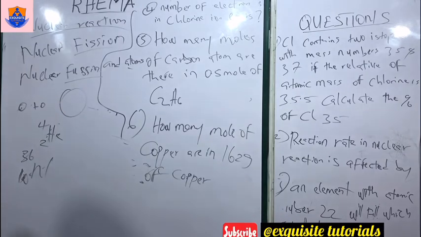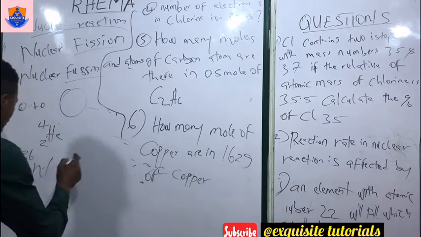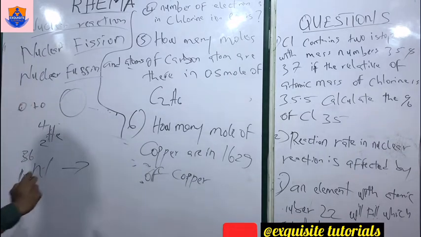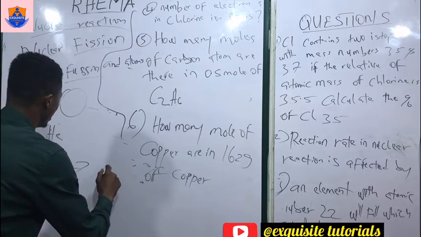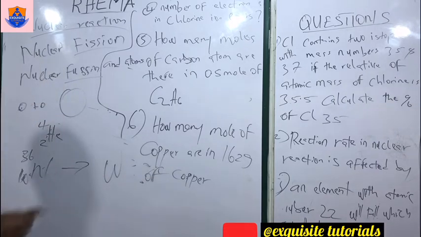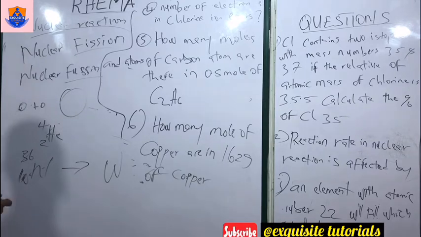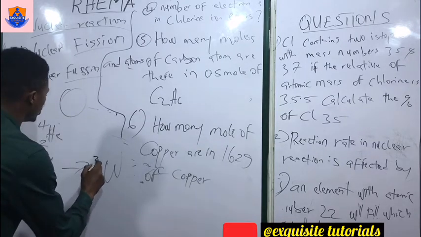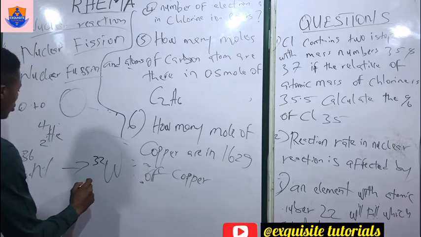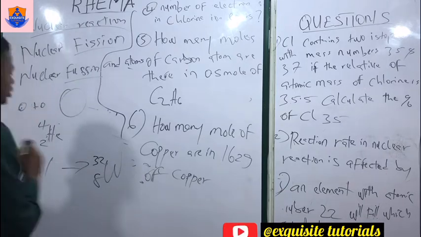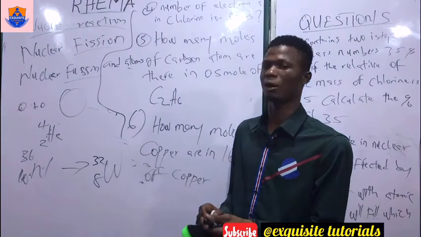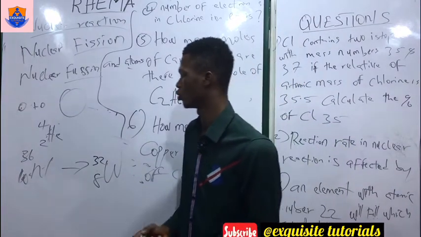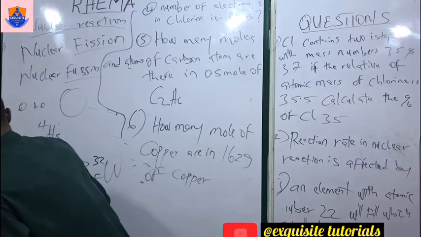Please, this is just an illustration. To produce, let's say, W with a mass number of 32 and a proton number of 8, what happens here is an alpha emission. It means an alpha particle was given out.